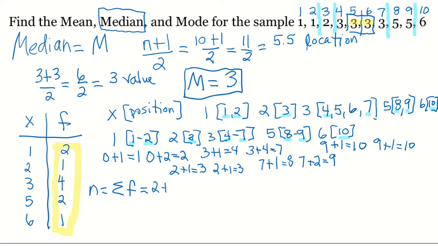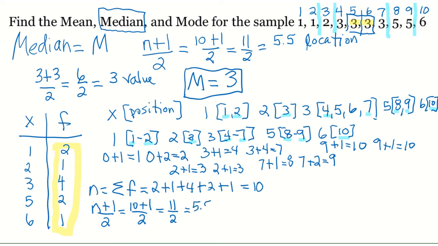That's going to be 2 plus 1 plus 4 plus 2 plus 1. And when we add those all together, that's going to equal 10. So we're going to solve it the same way that we did before. Now that we've got the sample size from our frequency table, we're going to take our n plus 1 divided by 2. So that's 10 plus 1 divided by 2 equals 11 divided by 2 equals 5.5.